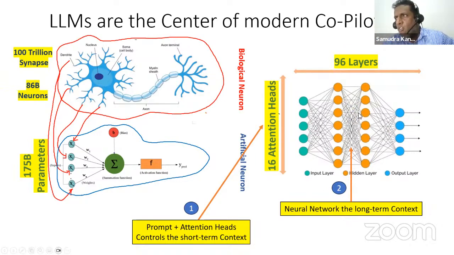And the core of these models is one part, the long-term context of the neural network, and the other part is the attention layer of this neural network. So there are purely two ways of architecting these products. One is based on controlling the attention mechanism of these neural networks, which we call prompt engineering.